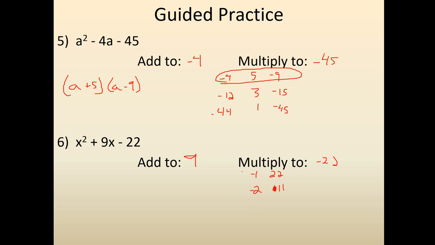So adding these up, this ends up getting you 21. This gets you 9. So my factors are going to be x minus 2, x plus 11.